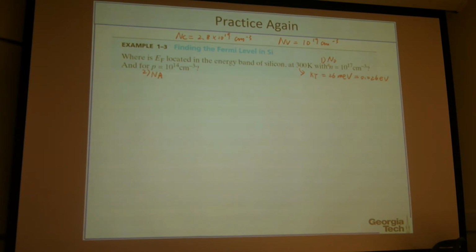So the total band gap is 1.1 eV, and this Fermi level should be close to the EC. 0.146. Want what? 0.115 if you LEC.